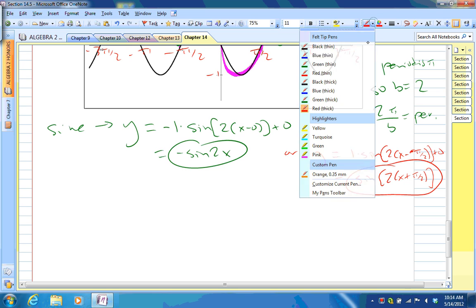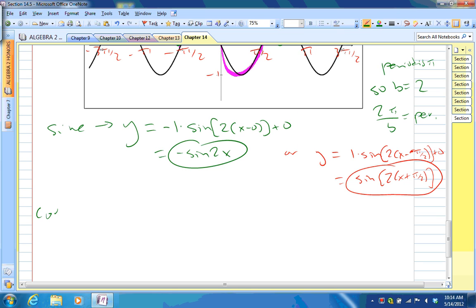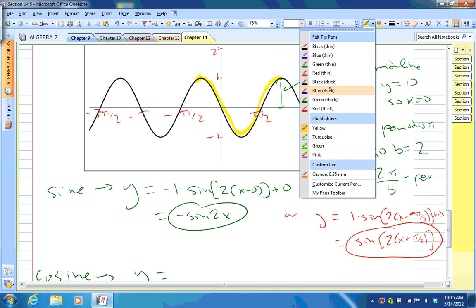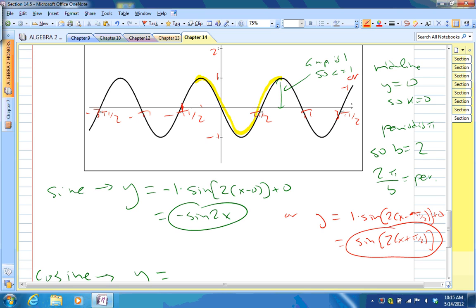Let's look at cosine, then we'll be all done with this video. So y equals, now let's say I want to start my cosine, let's highlight this with yellow, let's say I want to make that my cosine. Now if you think about it, if that's at negative pi over 2, then that would have to be at negative pi over 4.